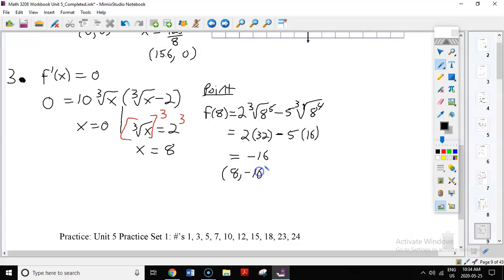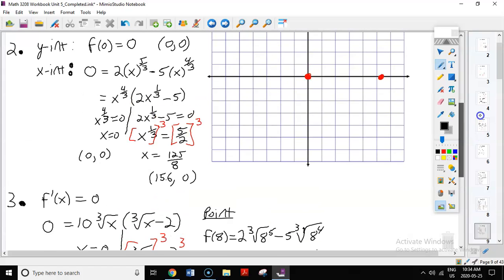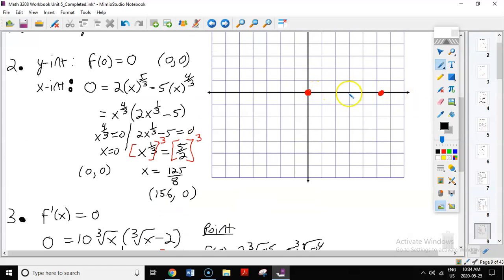And it's a max or min, most likely, but it could be a vertical tangent. So now where was 8? 3, 6, 9. So 8's in here. Negative 16. If we use 3's in all directions, so 3, 6, 9, 12, 15, negative 3, negative 6, negative 9, negative 12, negative 15, negative 18.